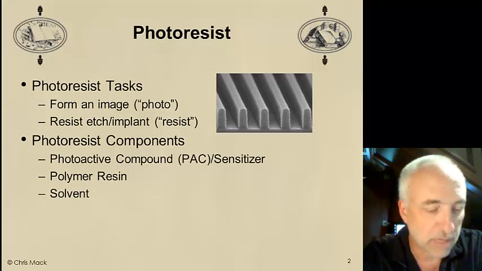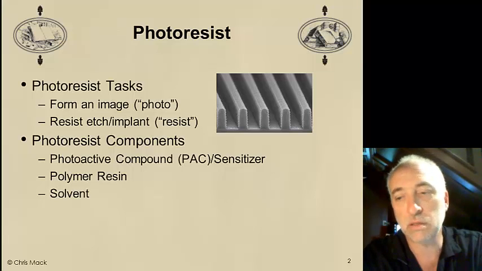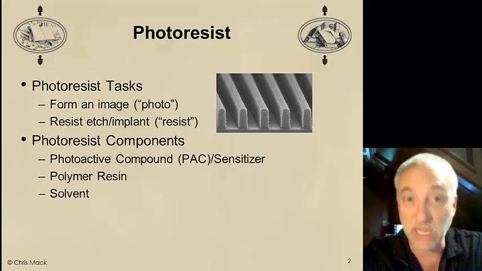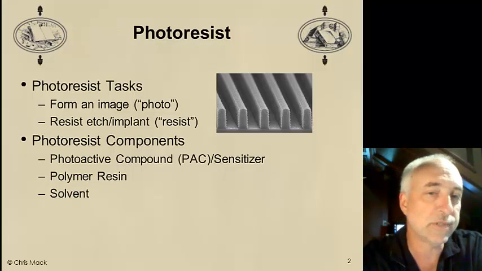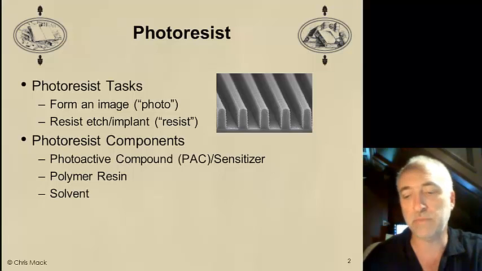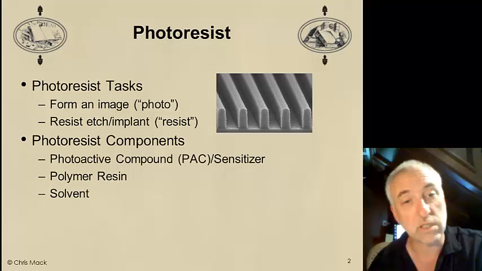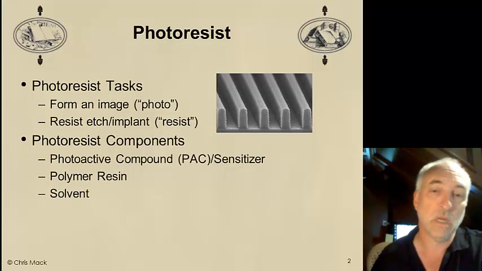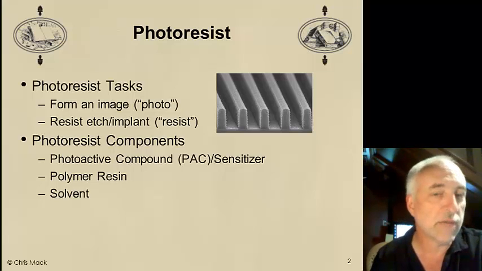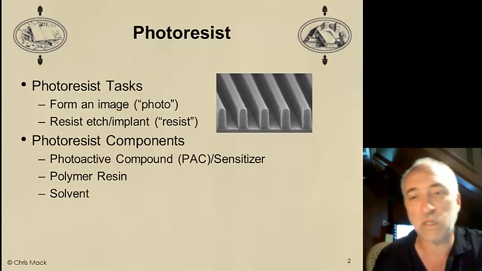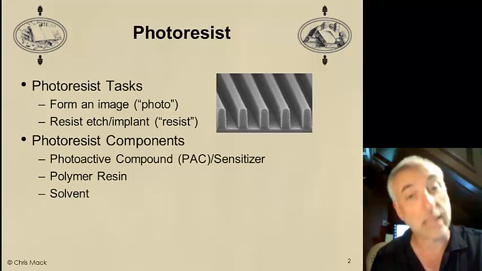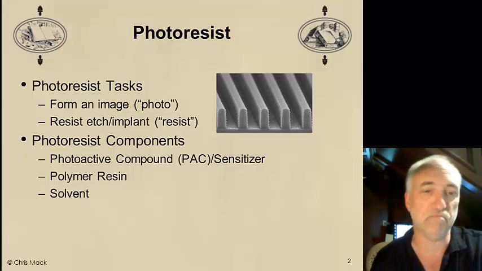It has the temperature capabilities to withstand higher temperatures, has structural integrity, and allows resistance to etching and implant. It's not that we have complete division of labor here, because it's the interaction of the polymer with the sensitizer that allows the photo part to proceed.